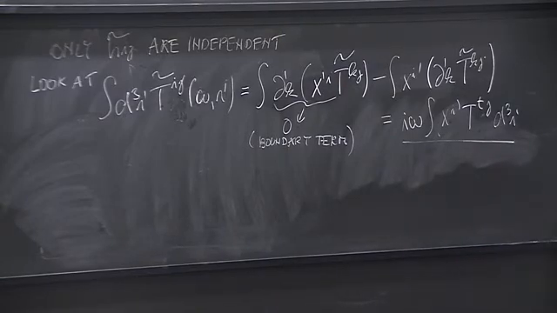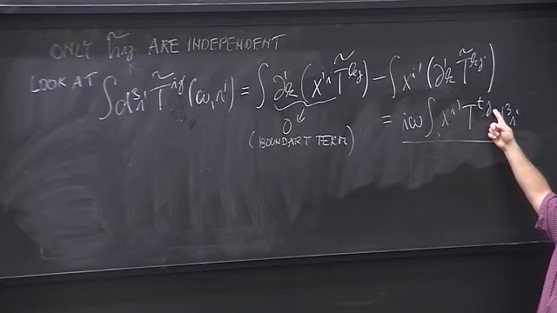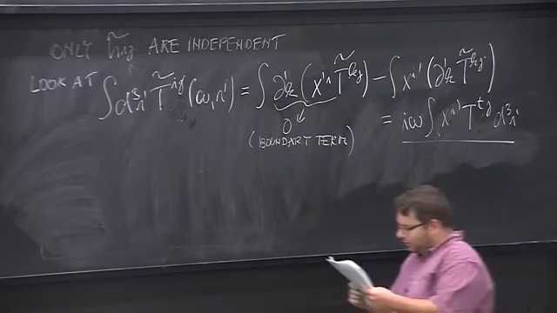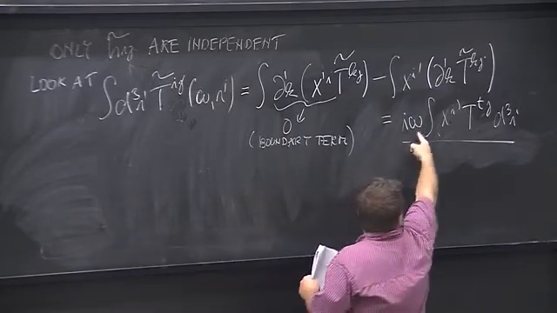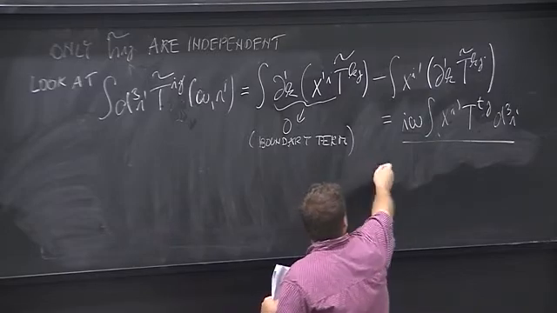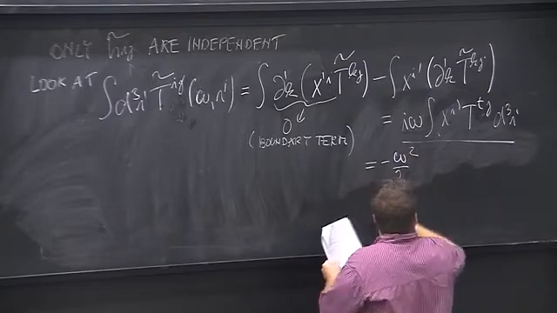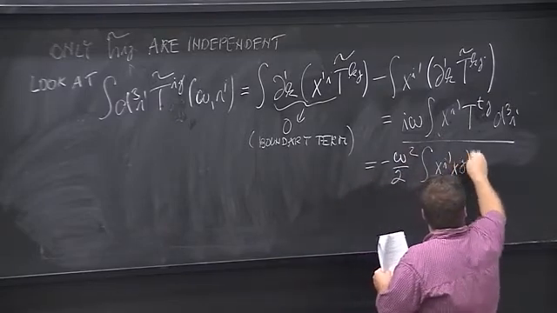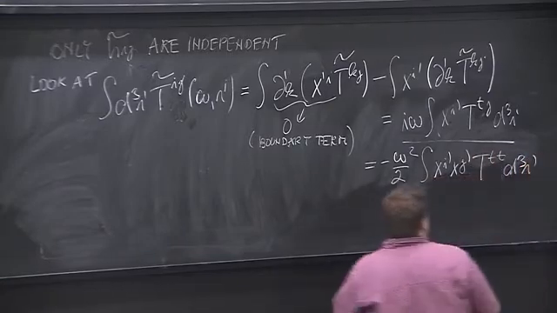Okay, so now the same trick can be done again. Now we want to trade this index j for an index t, but of course what we will pick up is the x^j term. Then you can show that this thing is equal to, again we will be picking up i omega, but there's this miraculous 1/2, which you can find in the notes, minus omega squared over 2 times the integral x'^i x'^j T^{tt} d³r'.